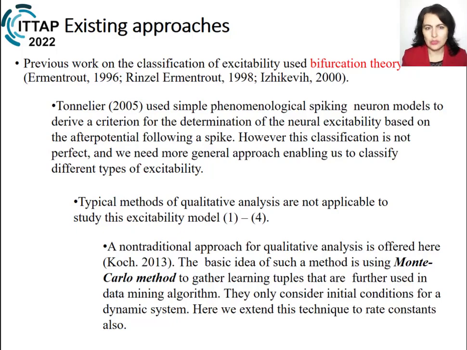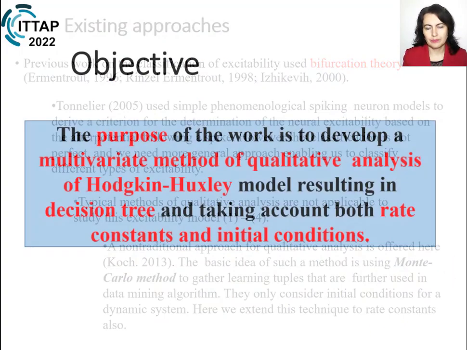Typical methods of qualitative analysis aren't capable of studying this excitability model. The basic idea of the method is to use the Monte Carlo method to gather learning tuples that are further used in a data mining algorithm.